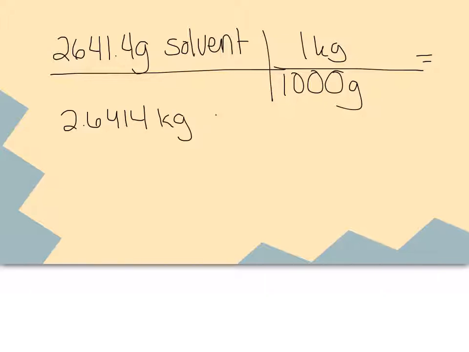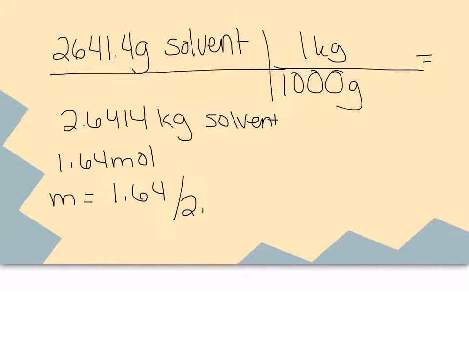And from before, I knew my number of moles was 1.64 moles. So now, in order to do molality, I end up with 1.64 divided by 2.6414, and I get 0.621. I did it down to 3 sig figs, molal AgNO3.